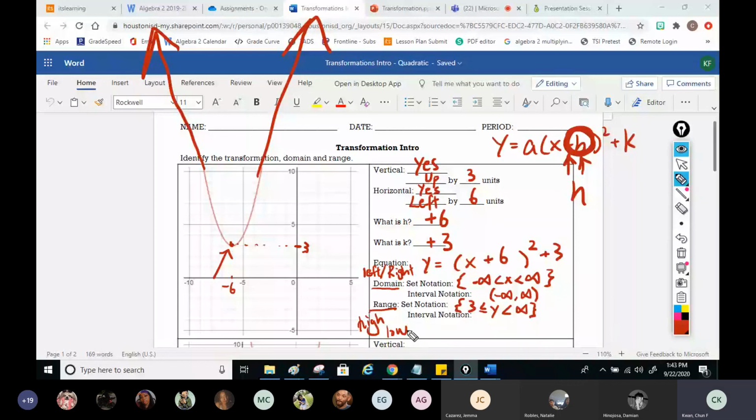The interval notation is going to be the minimum is 3, the maximum is positive infinity. You need to have a bracket for your 3 because there is no open circle. And then you need a parenthesis for your infinity, all right? Because infinity always uses a parenthesis.